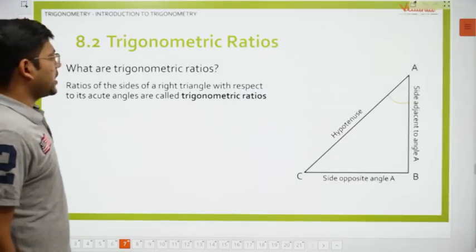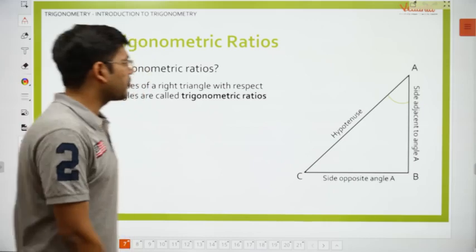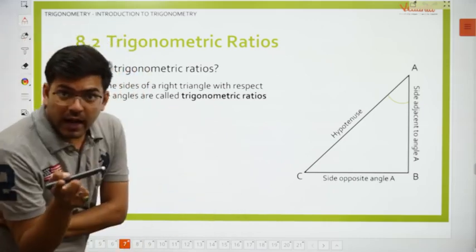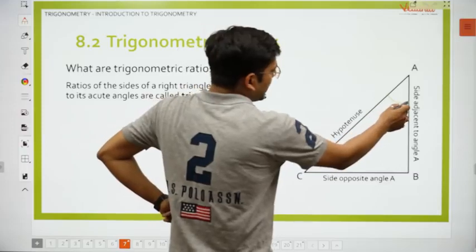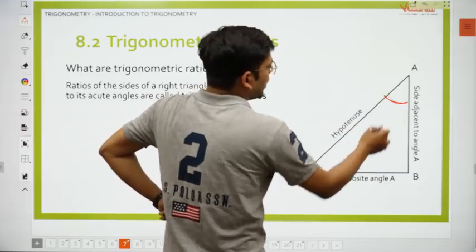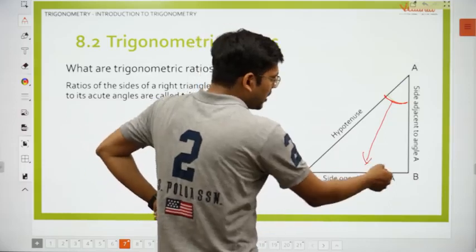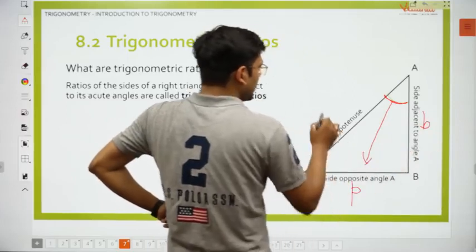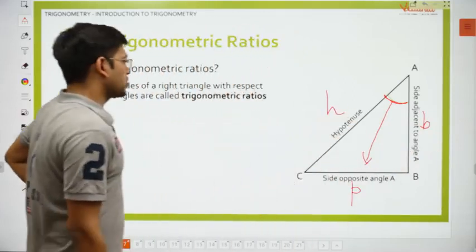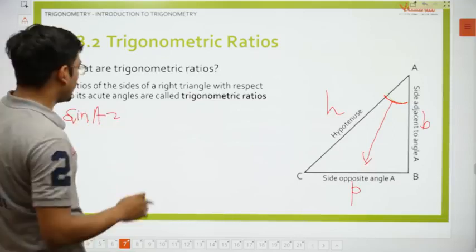Now to the next T ratio, I will write down some T ratios in an easy manner for you. Say for example, just now what I have taught you, we'll try to practice it here. If I am considering sine A, if A is being considered, then the side opposite to it will be the perpendicular. This will become perpendicular, this will become base, and this will become hypotenuse. If I am asked for sine A, what will I write?